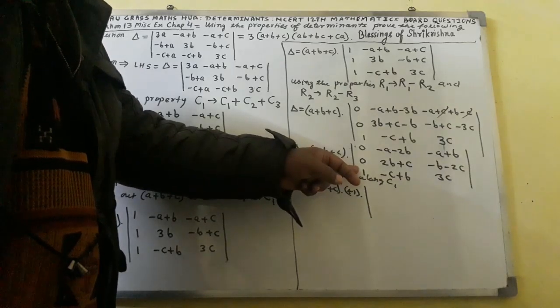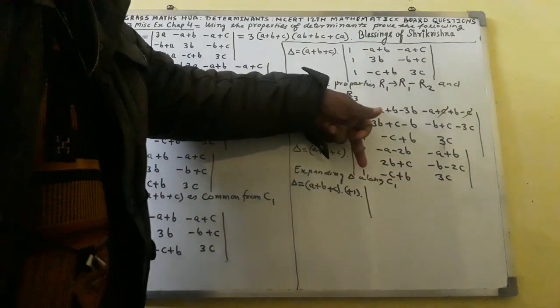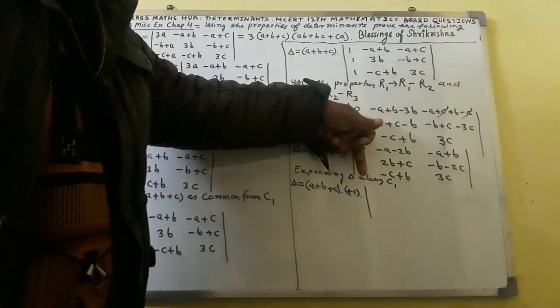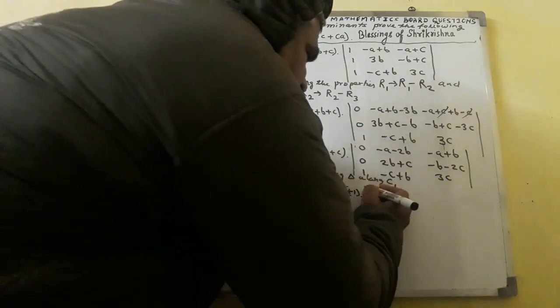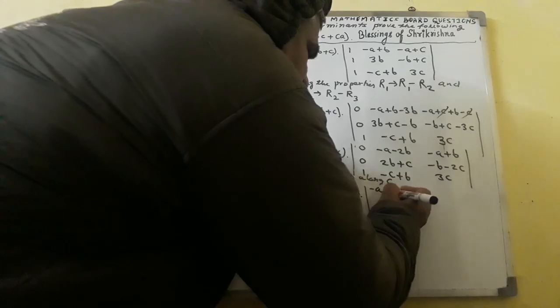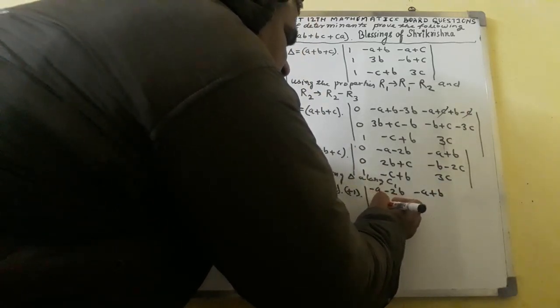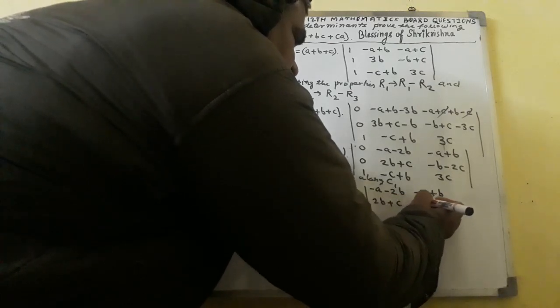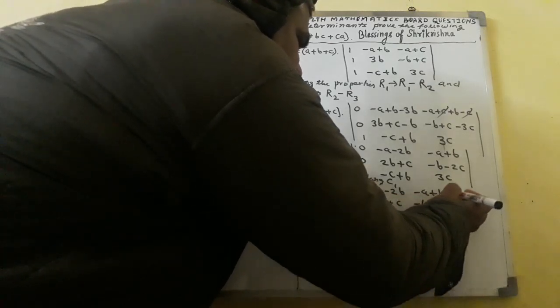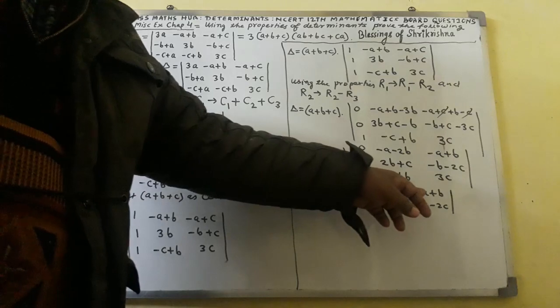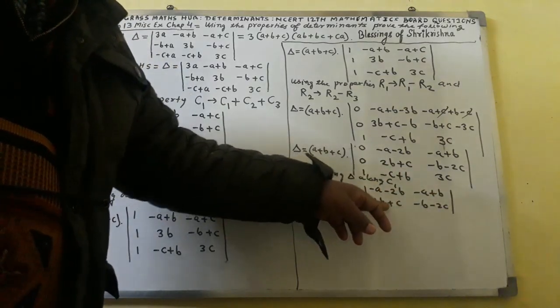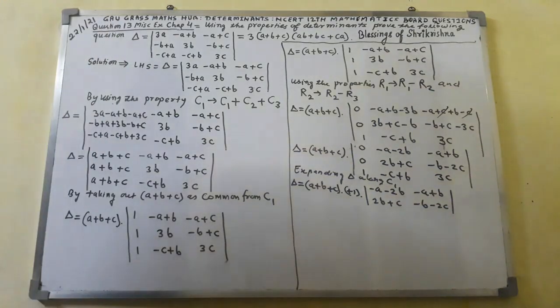Plus 1 is there in third row and first column. Third row and first column will be hidden. You will get the minor of plus 1 as minus A minus 2B, minus A plus B, 2B plus C, minus B minus 2C. This thing you will get.